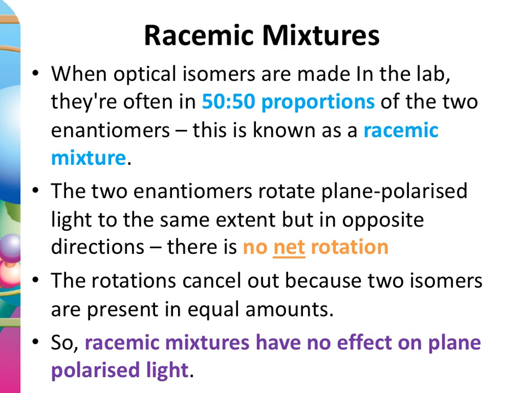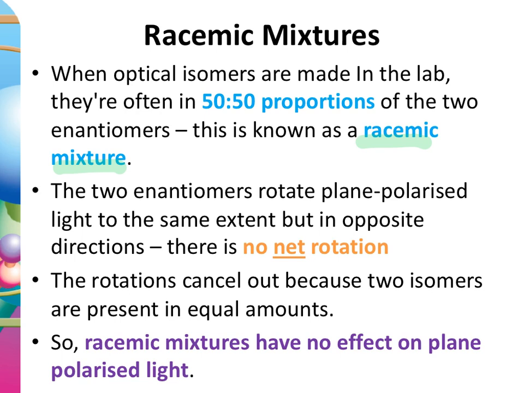So we're not going to focus too much on why we get 50-50 at the moment, just the fact that we do. And we call that 50-50 mixture a racemic mixture, okay? So that is a key term. So appreciate that racemic mixtures are mixtures of a compound that contain 50-50% proportions of the two optical isomers of that substance.